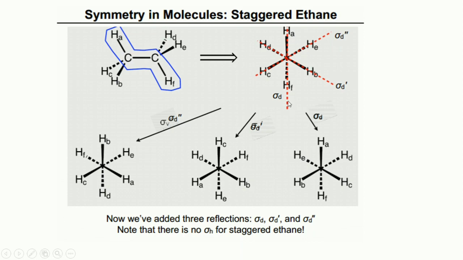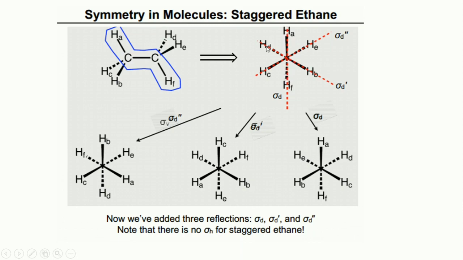If we talk about the sigma d along this axis, HA and HF will never change. Here you can see that. But the positions of HD and HB, HC and HB will change. HD will go to the HE side and HC will occupy the position of HD, because we are applying the plane of symmetry at this axis.